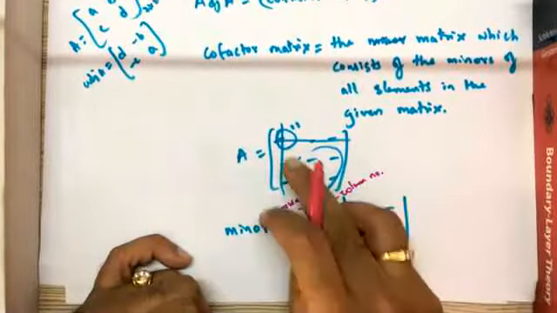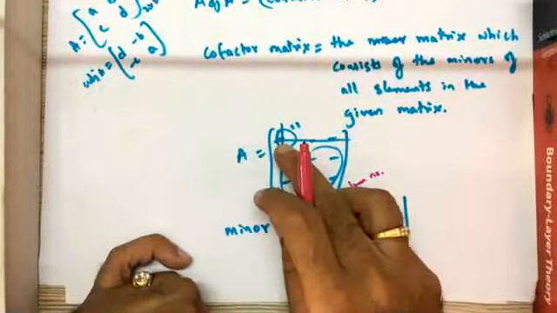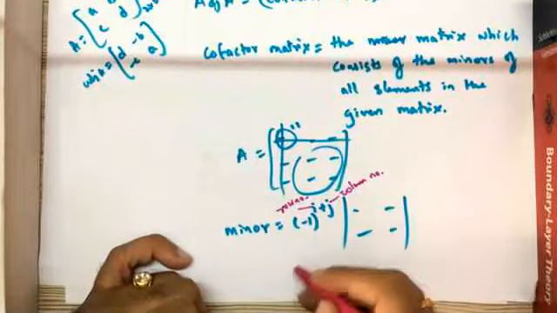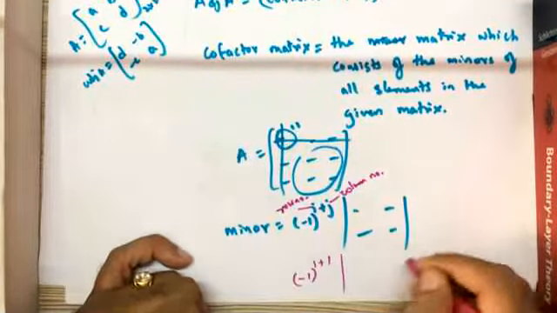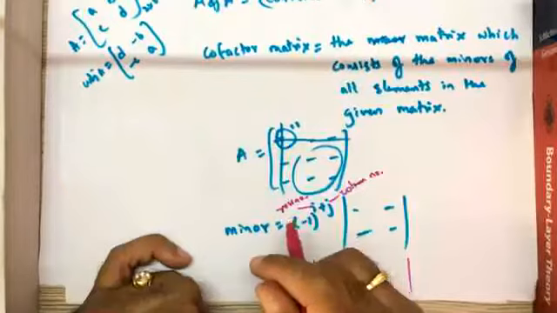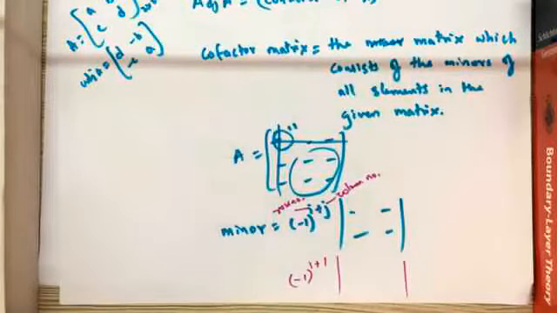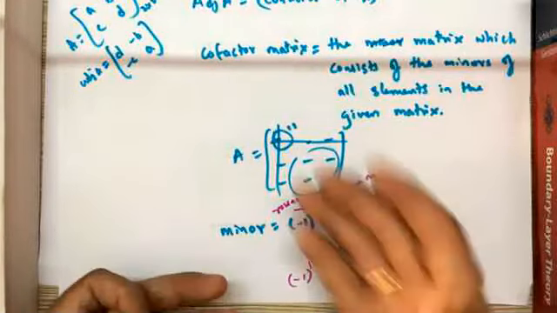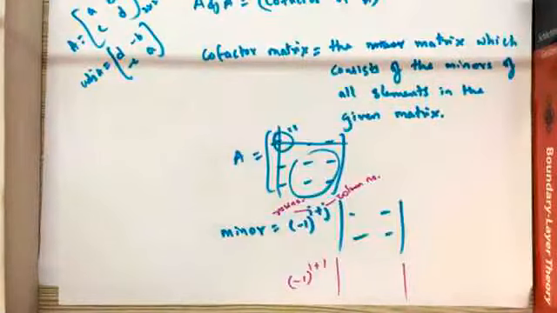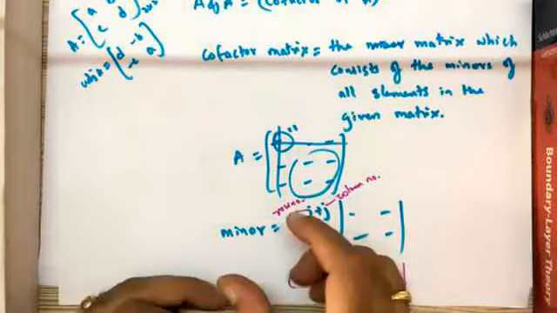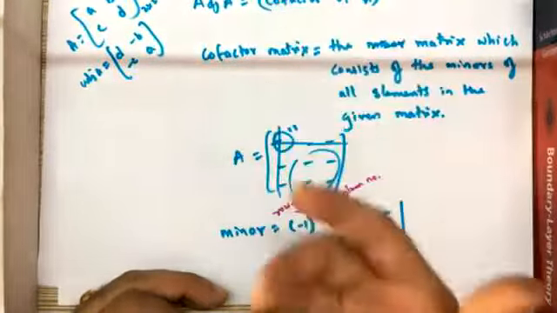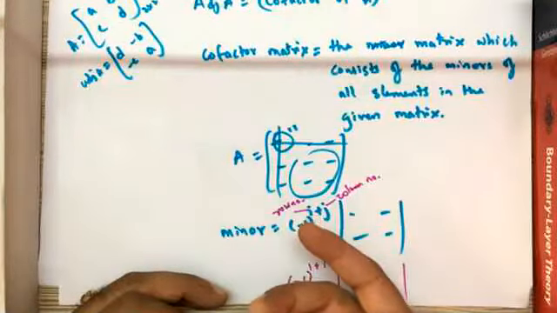If it is the first element 1 1, row 1, column 1, so minus 1 whole power 1 plus 1 and the remaining elements. So you need to calculate the minors of each and every element, and that is nothing but your cofactor matrix. Once you get the cofactor matrix, if you take the transpose, then it becomes your adjoint A.